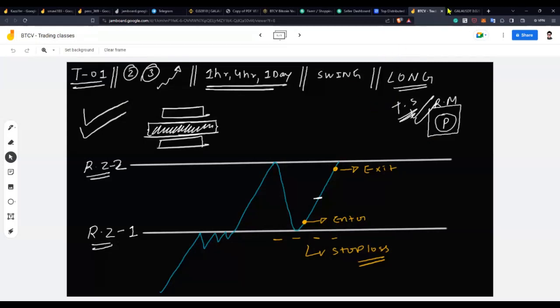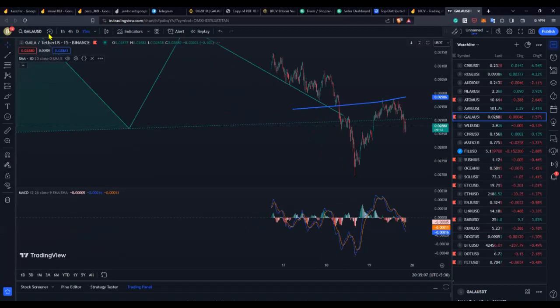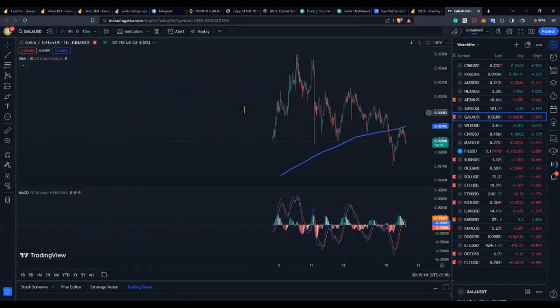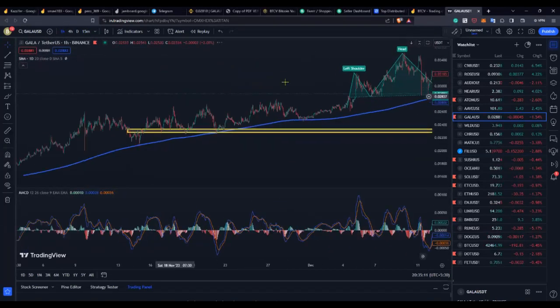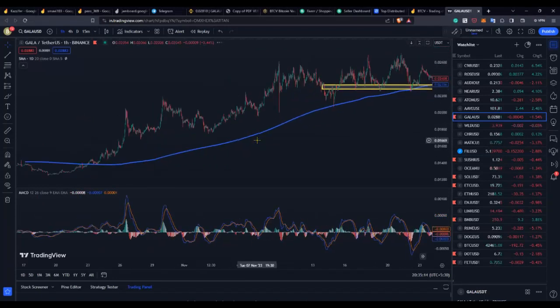I think I did not show you the actual setup on a real chart. So let me try to find something so I can show it to you. I think we have one on Bitcoin.